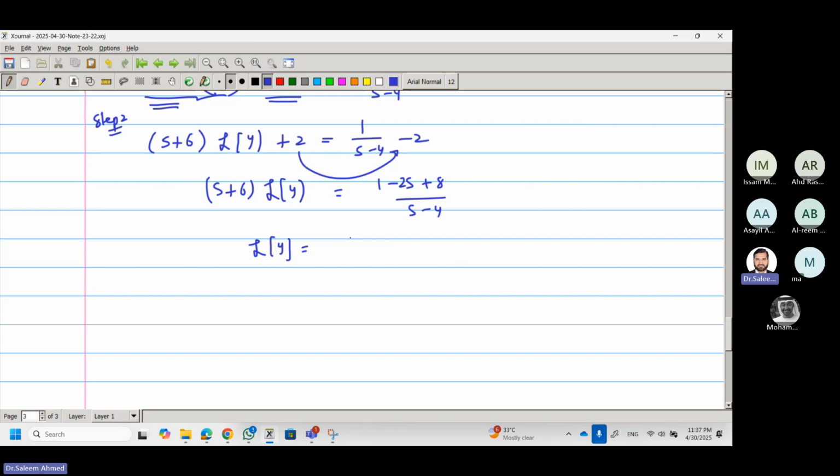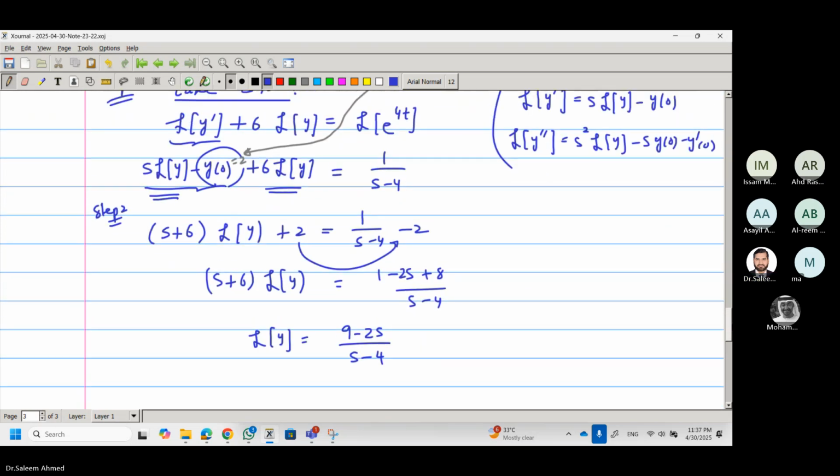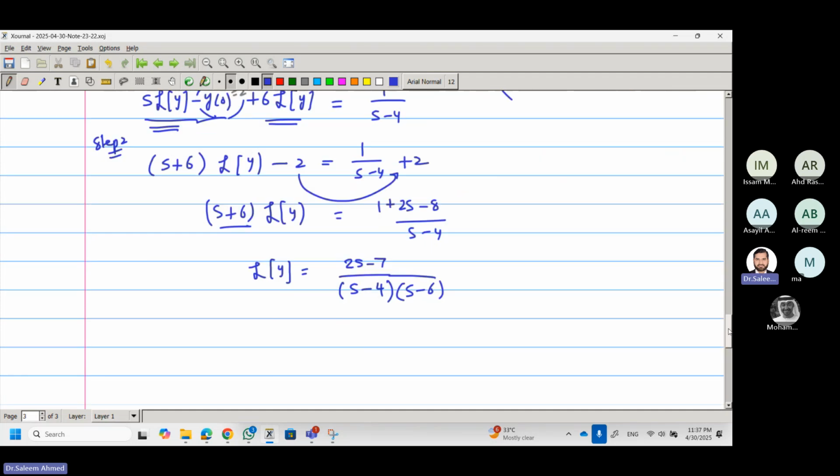So this is 8 plus 1 is 9 minus 2s over s minus 4, minus 2, and it will become plus 2 here. So this will become 1 plus 2s minus 8, so this becomes 2s minus 7 over s minus 4. Now if I divide by s plus 6, I get s minus 4, s plus 6. This is step 2.